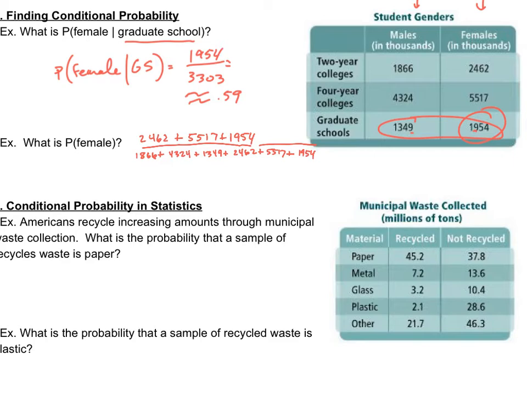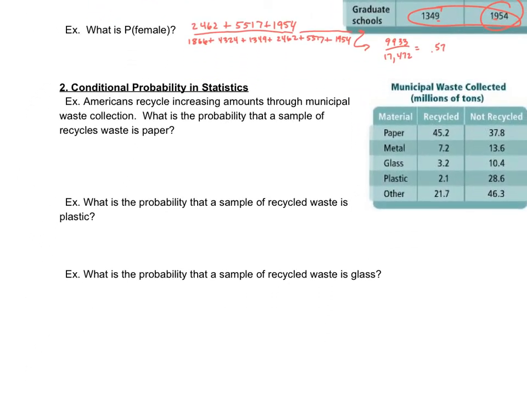We take all of our female students and divide that by all of the students. We have 9,933 female students and 17,472 students total, for a probability of 0.57. So we're starting to use conditional probability based on two events occurring.